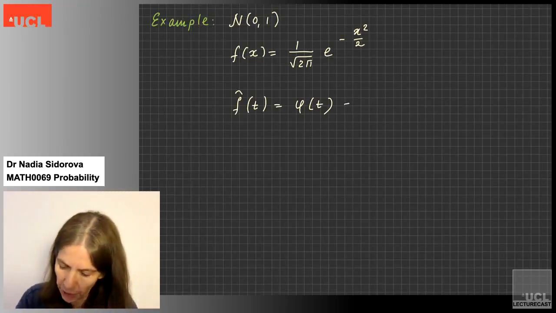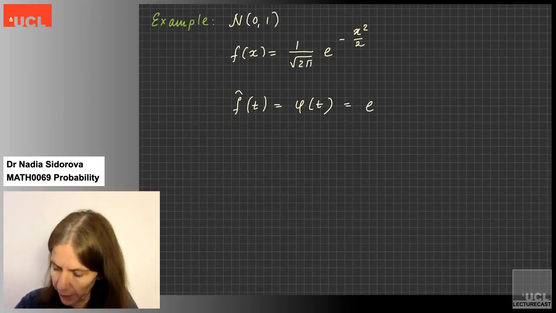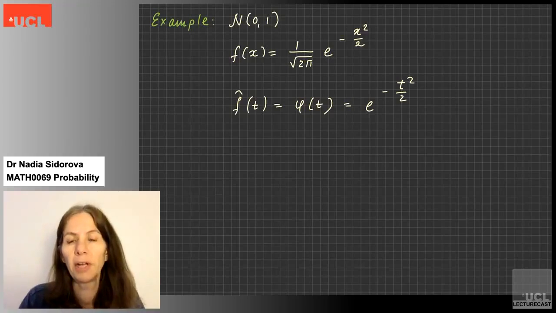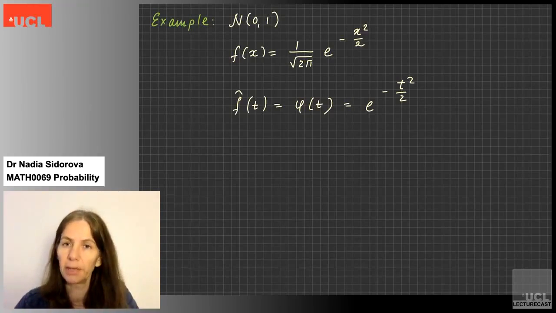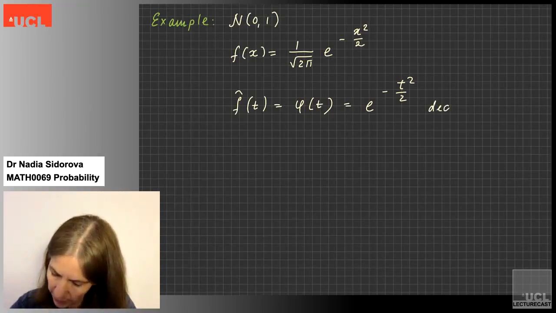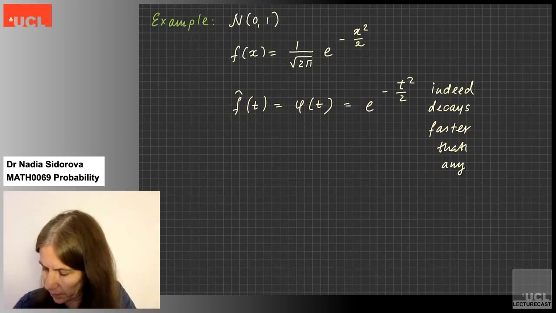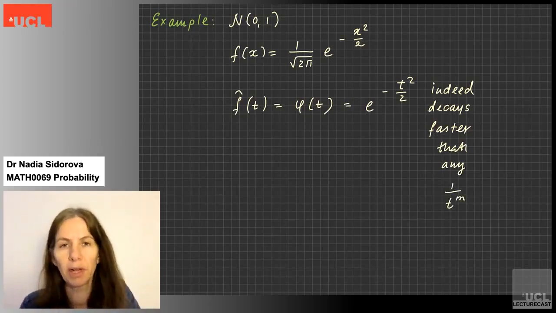And we just know explicitly what the Fourier transform is. We know it's e to the power minus t squared over 2. And we see that it is indeed true that it decays faster than any 1 over t to the power m. I don't need a constant here because I'm saying that's true for any power m anyway.